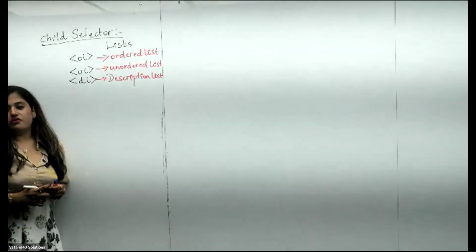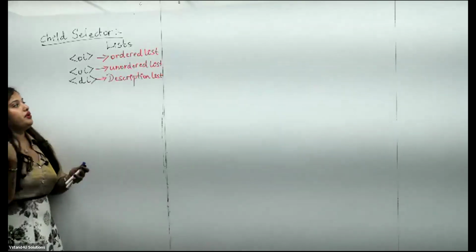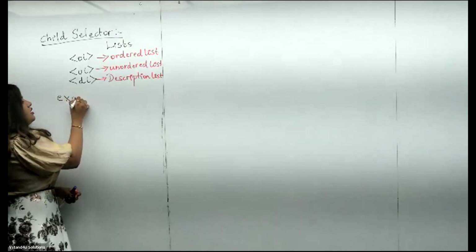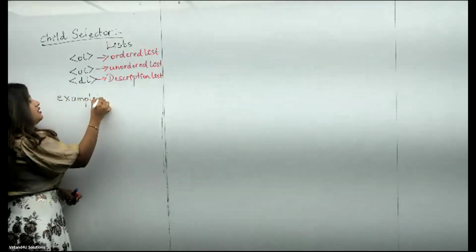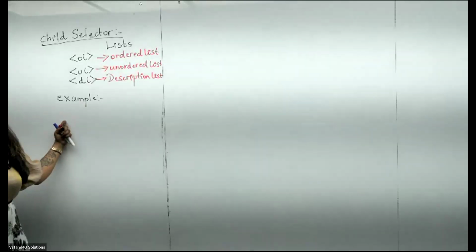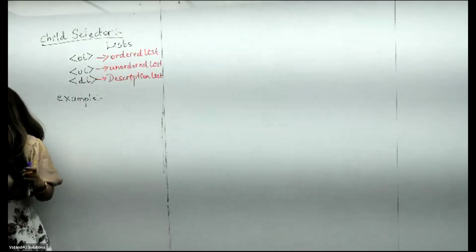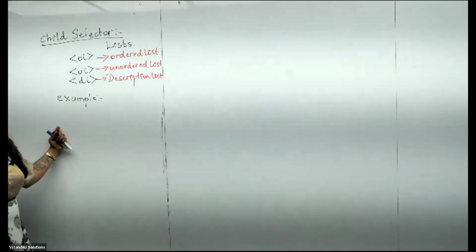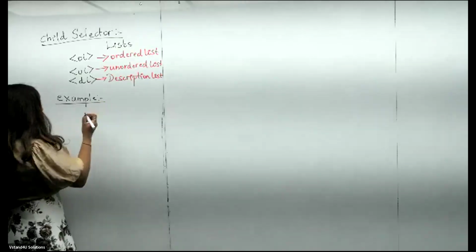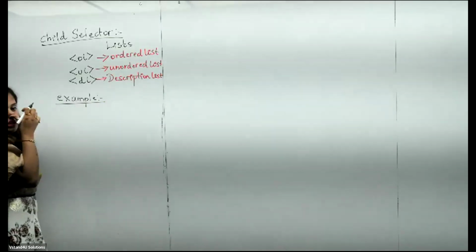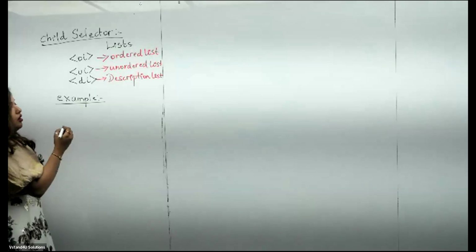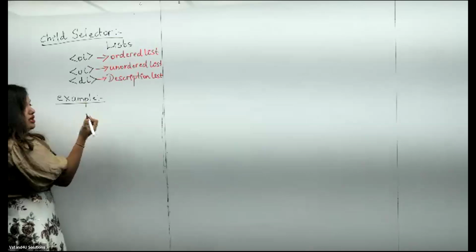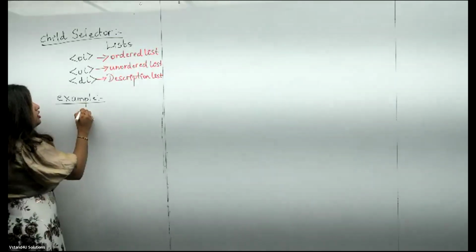So now, for an example, let me consider ordered list and unordered list. How do you represent unordered list? It is like bullets, right? Yes or no? So unordered list.